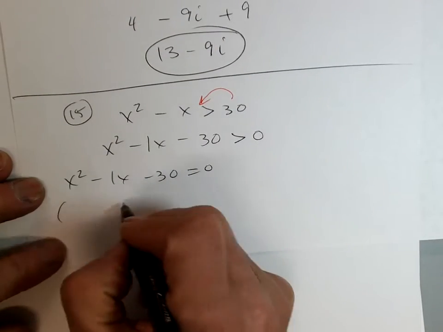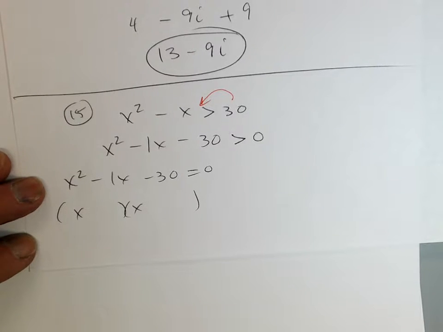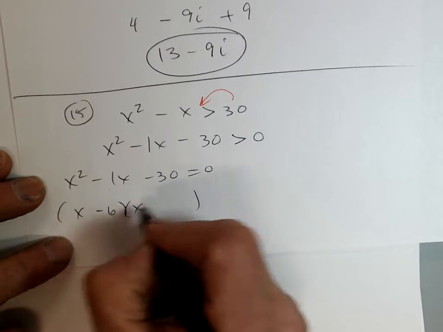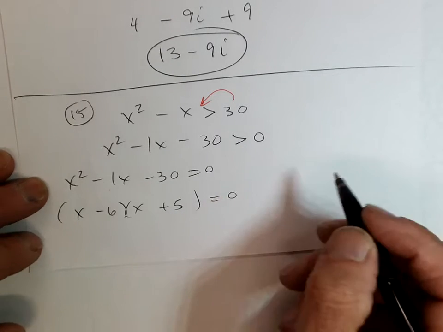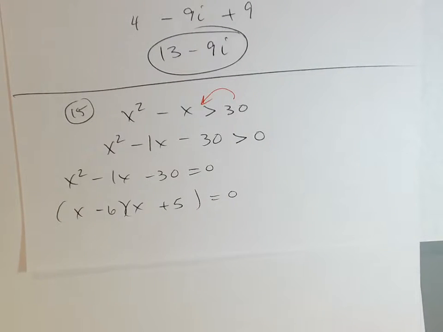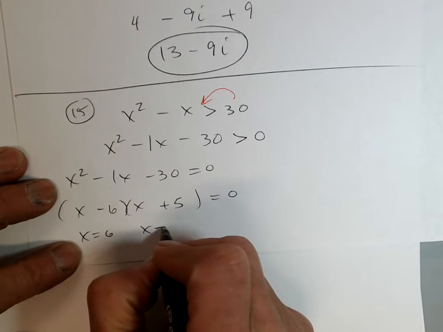Factor: x, x, what numbers am I going to use? Multiples of 30 that make a negative 1. Negative 6, positive 5. Our zeros are just going to be the opposite. Our mini equations: x is equal to positive 6 and x is equal to negative 5, okay?